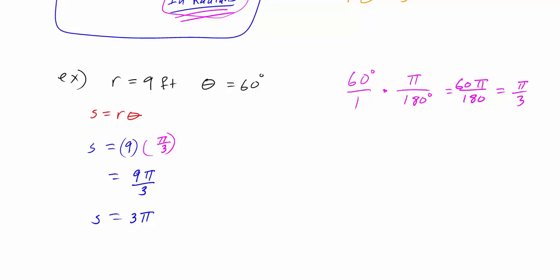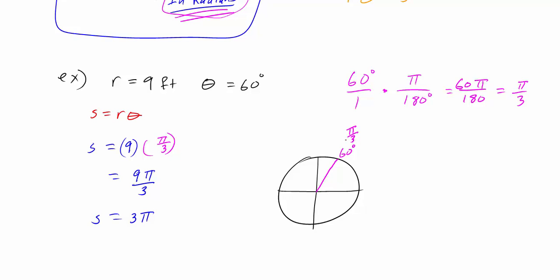Now, if we think of that here in terms of our circle, the angle is 60 degrees, or pi over 3, so we know 60 degrees, or pi over 3, is going to be approximately right about here. So this was our 60 degrees, or the angle pi over 3.